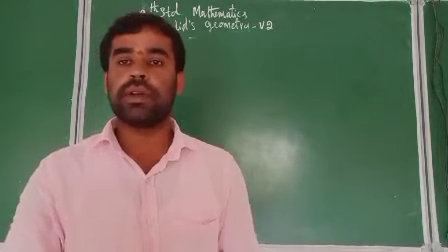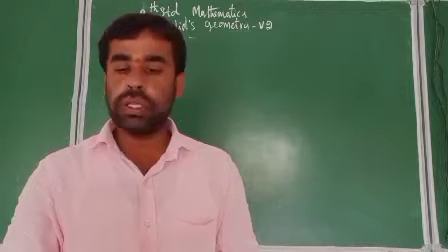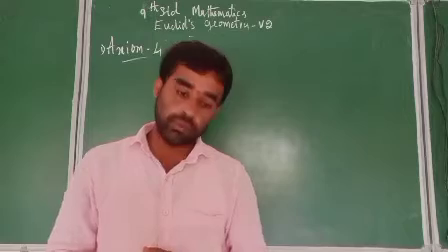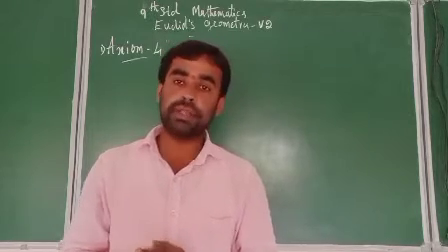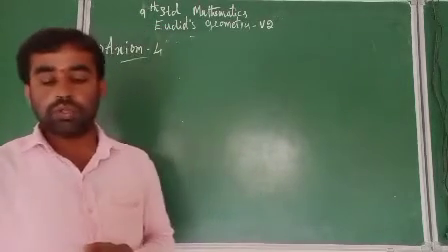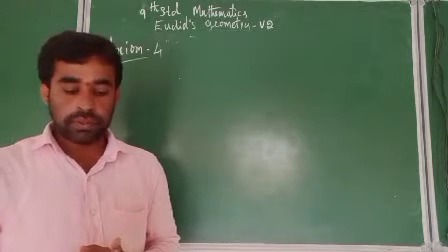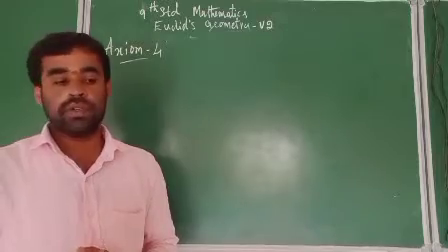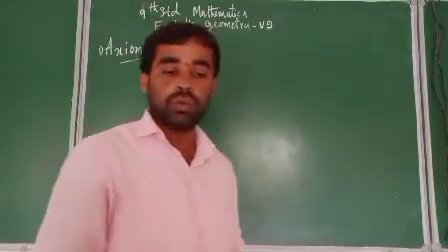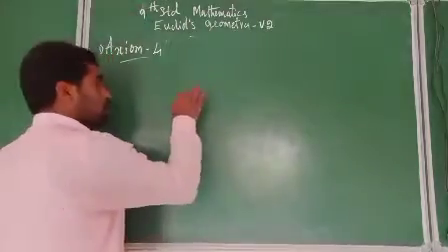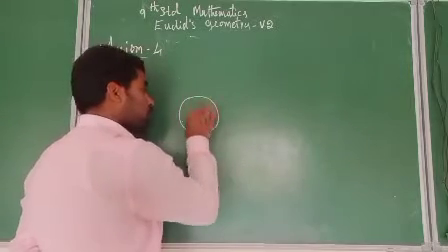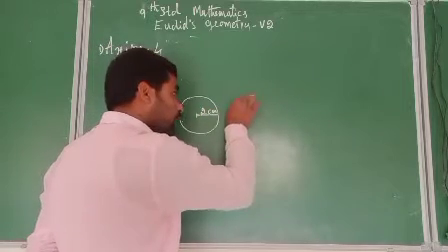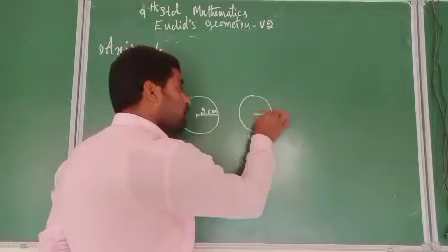That means if we take two geometrical figures that can fit completely one into the other, then they are essentially the same thing. For example, I'll take a circle of radius 2 centimeter and another circle of radius 2 centimeter.